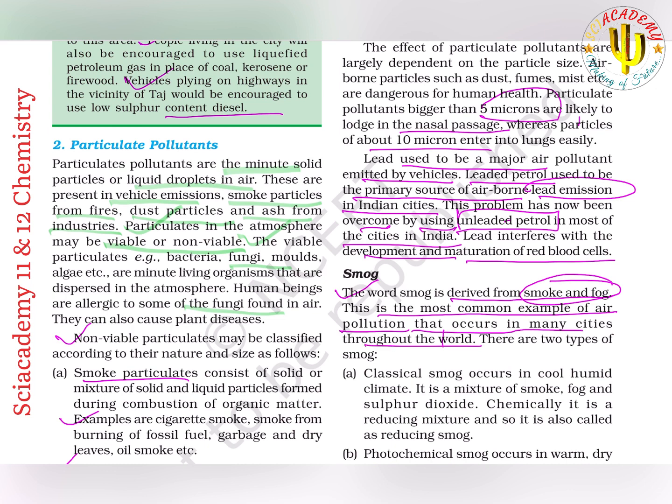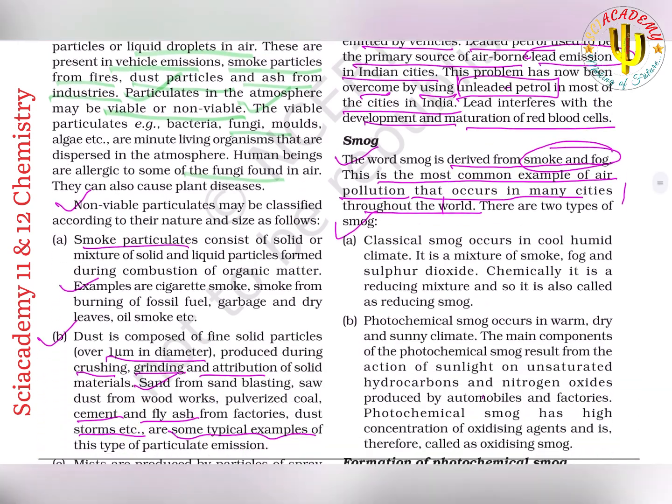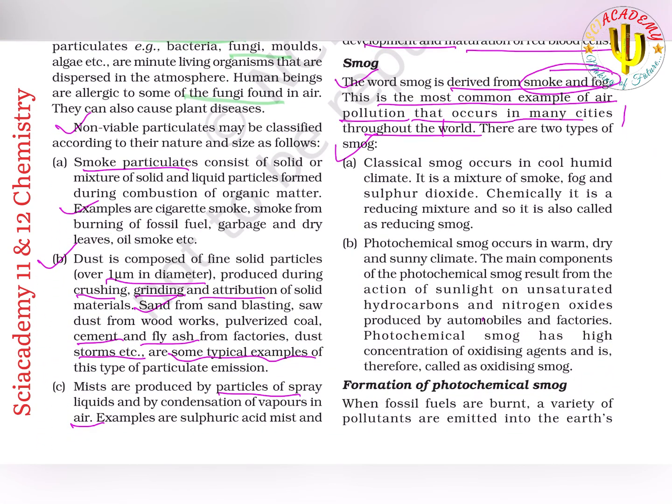There are two types of smog. A. Classical smog occurs in cool, humid climate. It is a mixture of smoke, fog, and sulfur dioxide. Chemically, it is a reducing mixture and so it is called reducing smog. B. Photochemical smog occurs in warm, dry, and sunny climate.